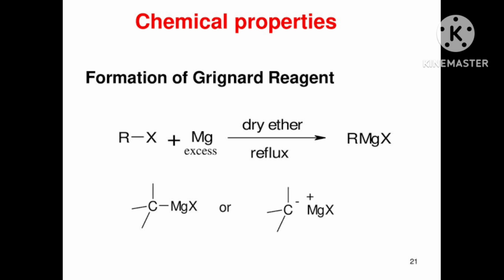It is therefore necessary to avoid even traces of moisture from a Grignard reagent. When a Grignard reaction is going on, no moisture should be there. That's why dry ether is used. The question is asked, why dry ether?